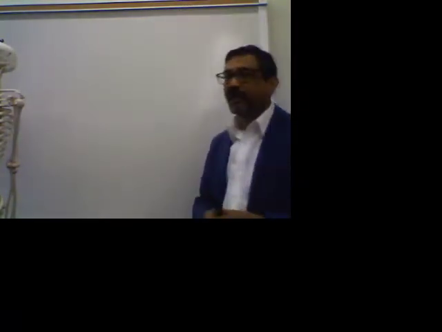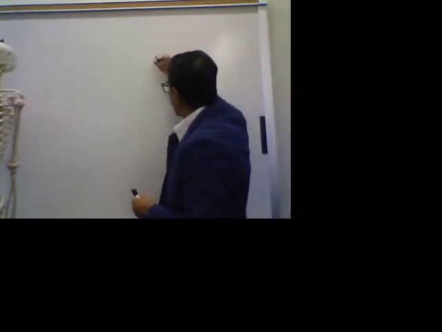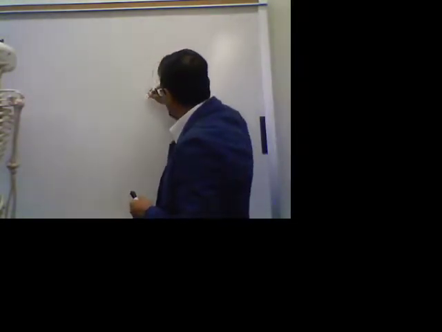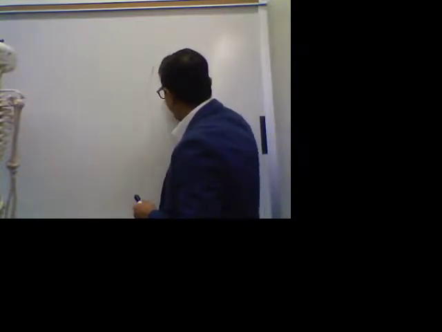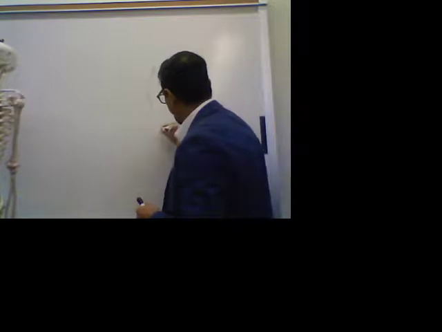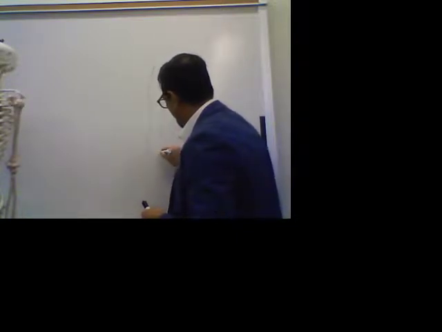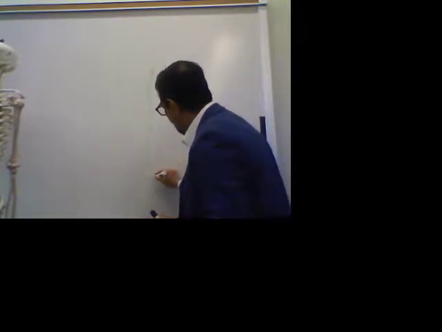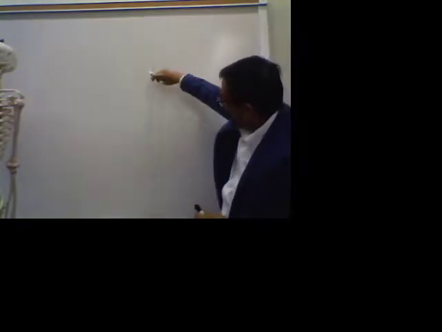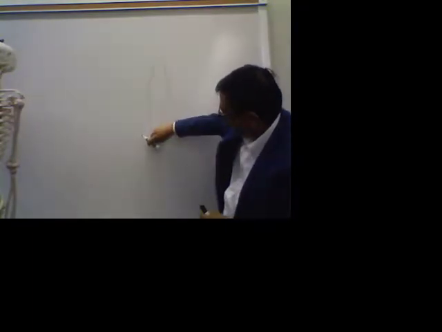External features, or external anatomy. If you see the spinal cord, in two locations you have expansion.